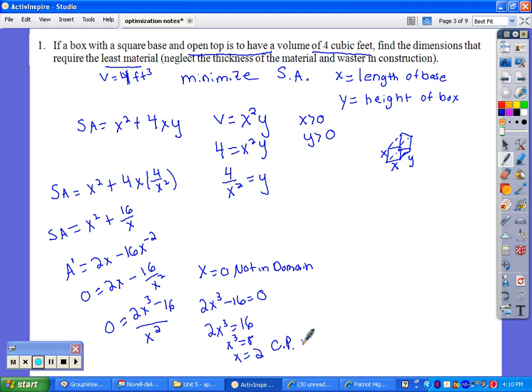And we have to find if it's a min or max, and we're going to use the second derivative test. So I'm going to check if it's min or max by plugging 2 into the second derivative. So I need the second derivative.